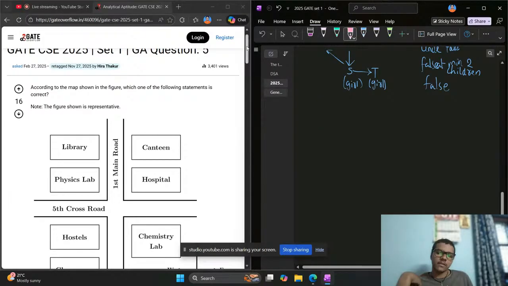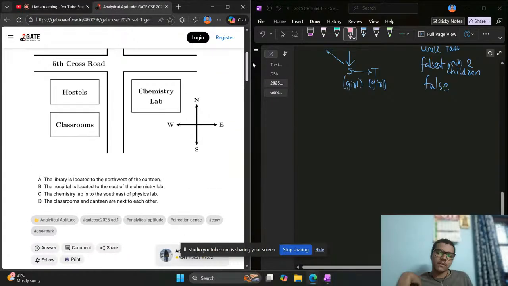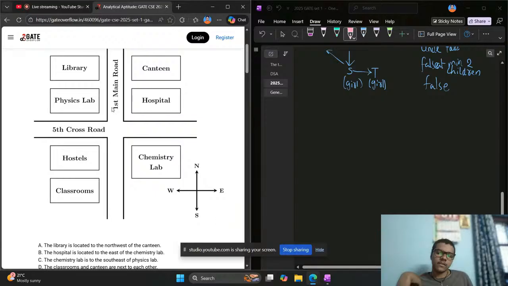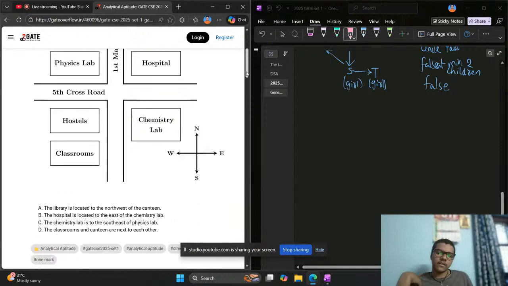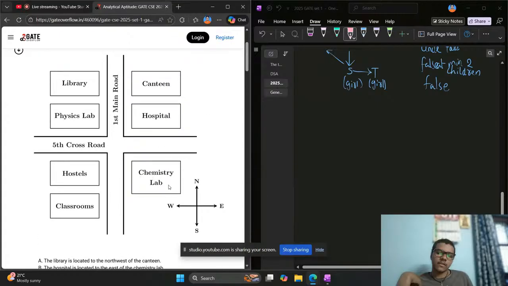Okay, a map is given. Spatial aptitude. The library is located in the northwest of Canteen. So northwest is something like this. Library, Canteen. Sorry, I mean library is located to the west of Canteen. A is false. The hospital is located to the east of chemistry lab. Chemistry lab, hospital, that is also false.